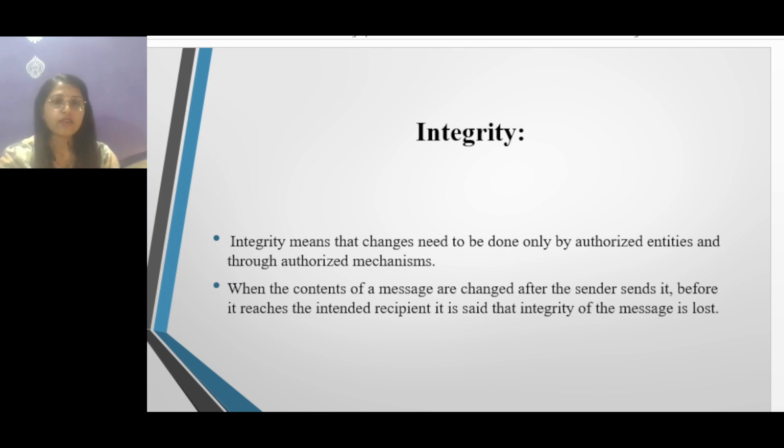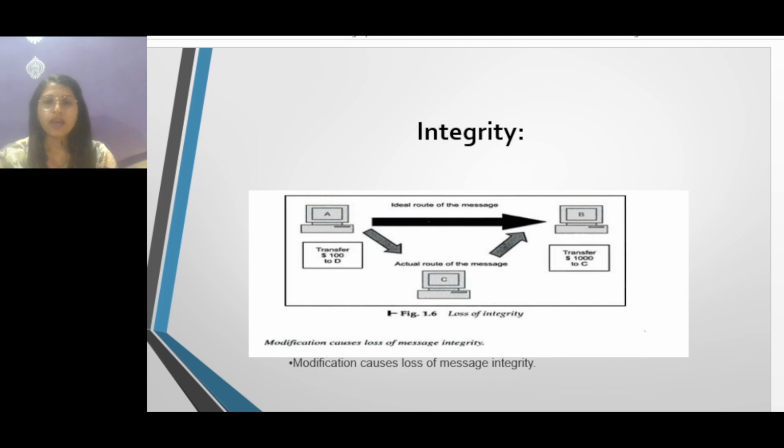In this diagram, you can see that A is going to send the data: transfer $100 to D. The ideal route of the message was this, but the intruder is going to change the content from $100 to $1,000.